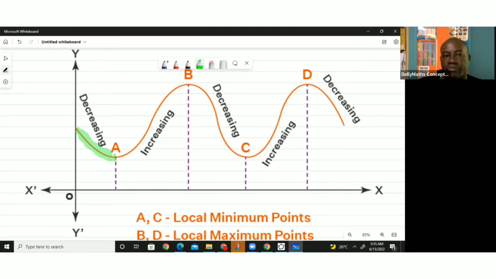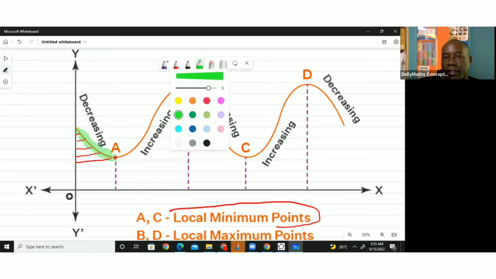If I look at the y values on the y-axis, you will see it's getting smaller until it reaches a place where it's not getting any smaller. This is what we call a local minimum, because it did not get lower than that.